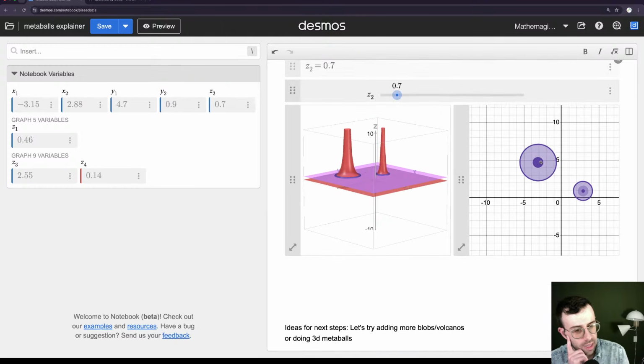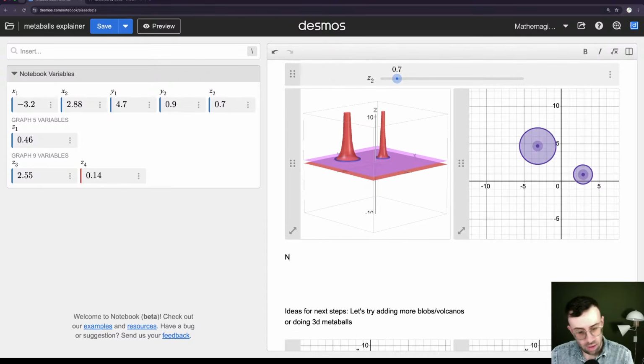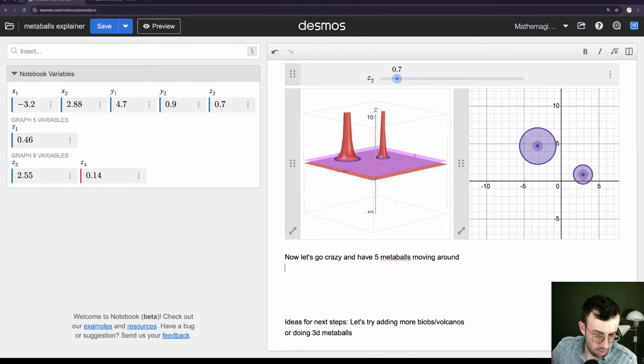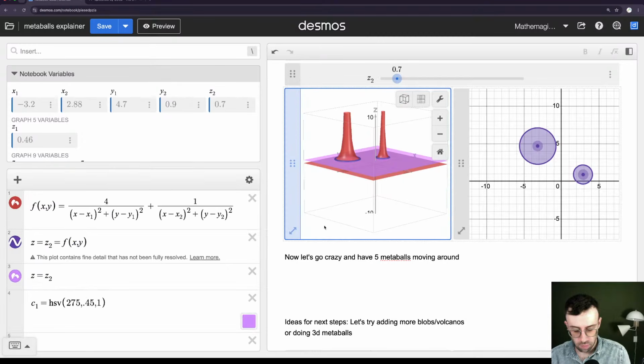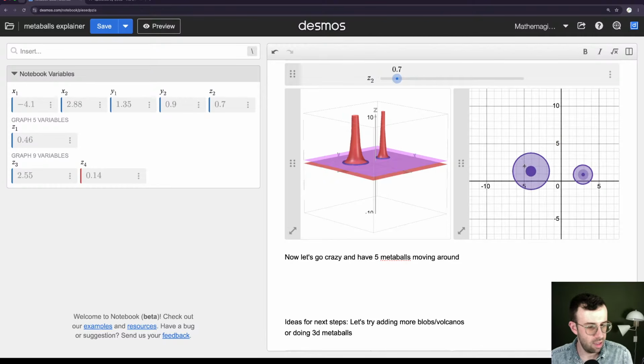Should I add more volcanoes for fun? I think it might be fun to add a few more volcanoes for chaotic reasons, and maybe I can have them animate randomly. Now let's go crazy and have 5 metaballs moving around. Do we need 5? Do we need to do that? I don't think we need to do that.